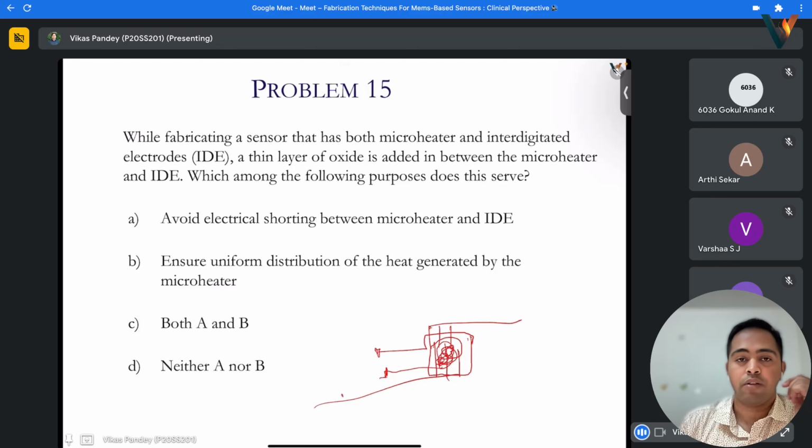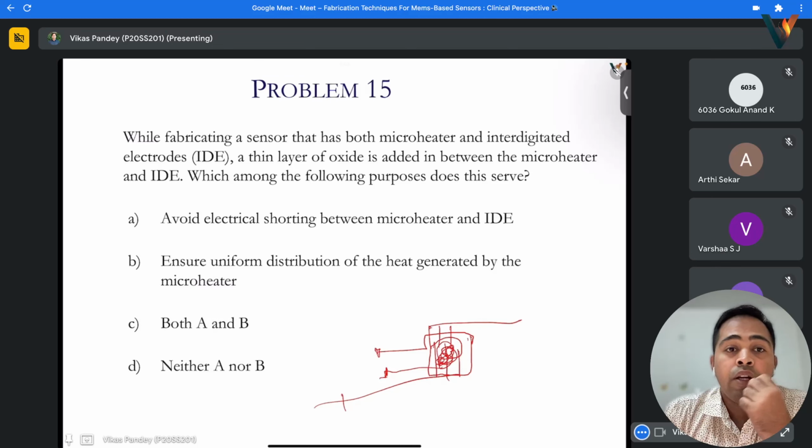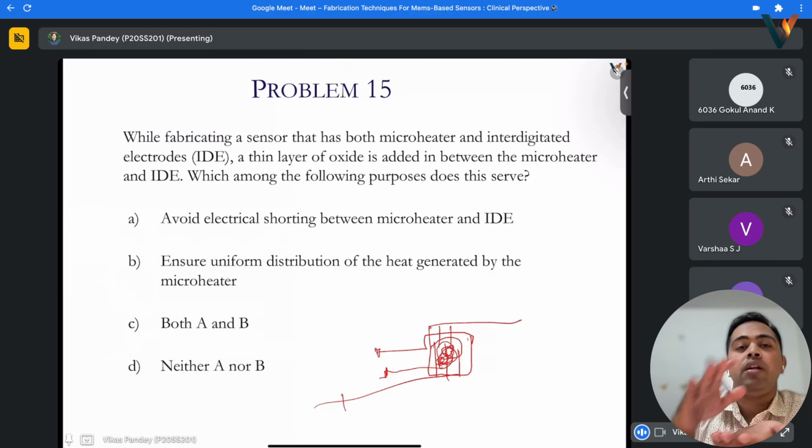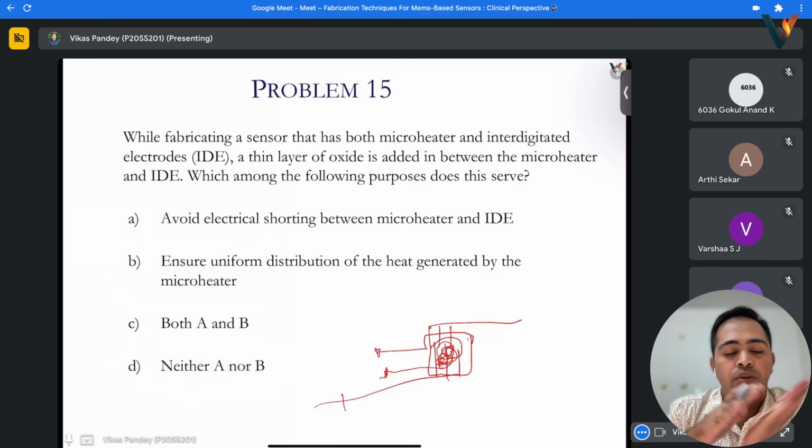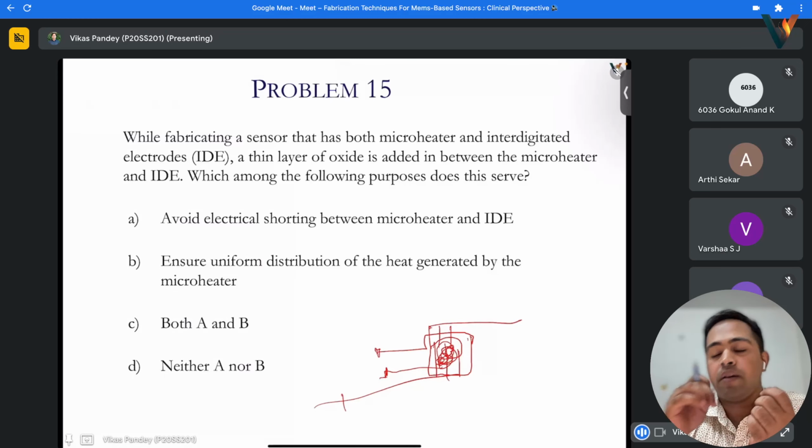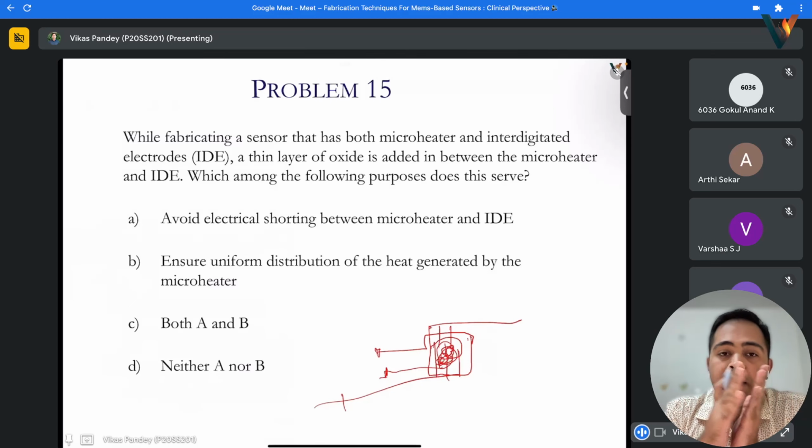That is what was on there. A thin layer of oxide is added in between the microheater and ID. Just like I said earlier also, below also there is an oxide or SiO2. Between the microheater and this ID pattern, there also an oxide is added.